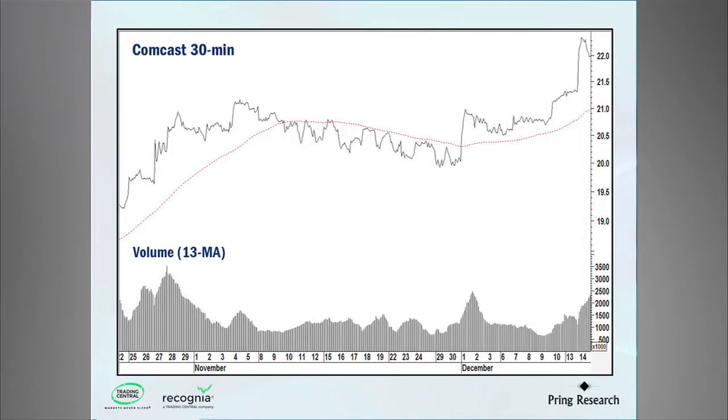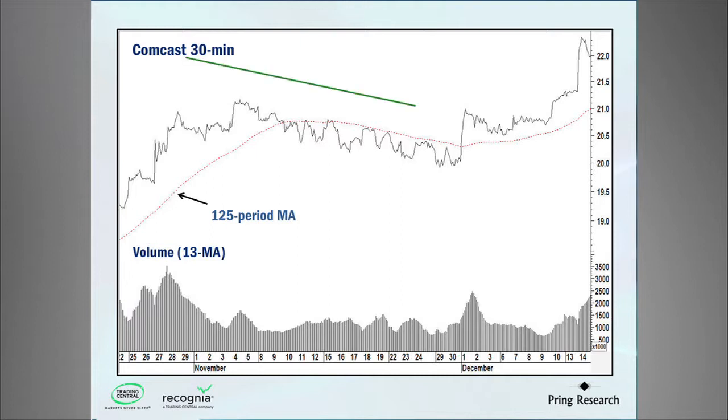Sometimes it's possible to see a moving average crossover accompanied with exceptionally heavy volume. In such circumstances, you could lower your standards of what represented a decisive breakout, since the expanding volume would emphasize enthusiasm by the buyers or fear by the sellers depending on the direction of the break. This chart features a 30-minute close for Comcast with its 125-period moving average. Underneath is a 13-period moving average of the volume, and that filters out the heavy volume often seen at the opening and the close.